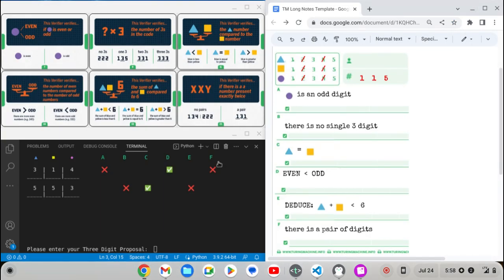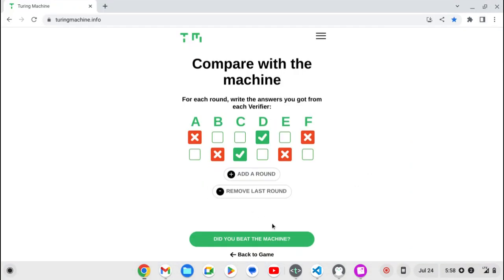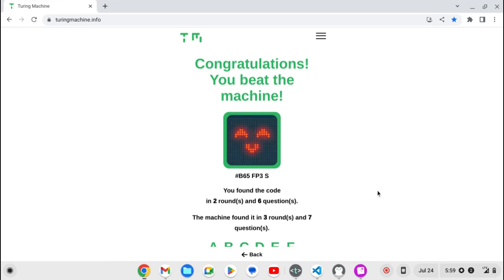Yeah, the 2 middle ones were both correct, so D and C were correct. D and C, yep. Okay, so how do we do?